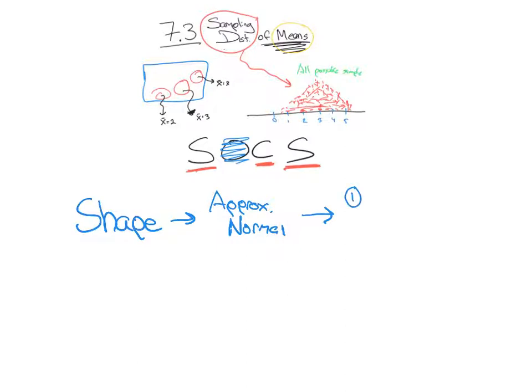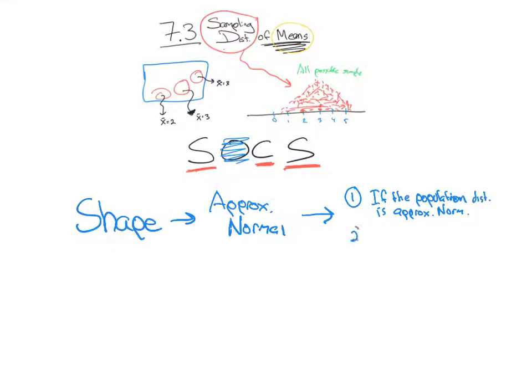It's going to be approximately normal, the sampling distribution, if the population is approximately normal. Essentially, a sampling distribution of means takes on the shape of the population distribution. So if the population distribution is approximately normal, that's good.